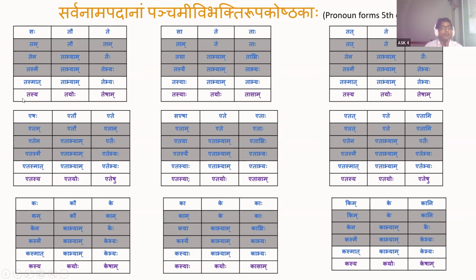Okay. Tasya, Tayoho, Tesham. This Tasya, Tesham and all you will come across in many slokas. Tesham Nityapi Yuktanam Yogakshemam Vahamyaham. Tesham, theirs. Nityapi Yuktanam. That's also Bahuvajanam. Sixth Bahuvajanam.